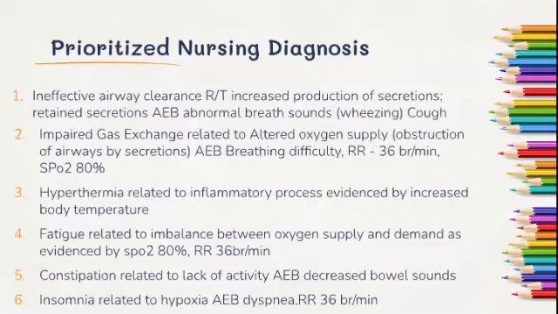Insomnia related to hypoxia or dyspnea as evidenced by dyspnea with respiratory rate 36 breaths per minute. Or you can say, if the case scenario says so, patient verbalizes insomnia, patient verbalizes constipation, patient verbalizes pain score of 6.